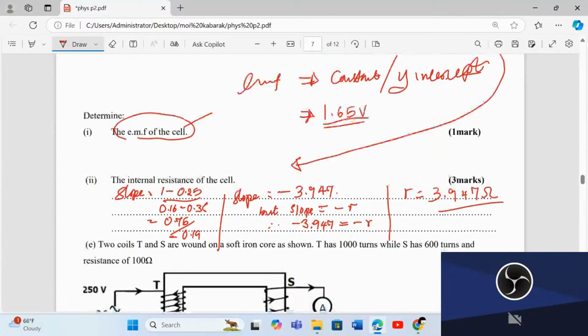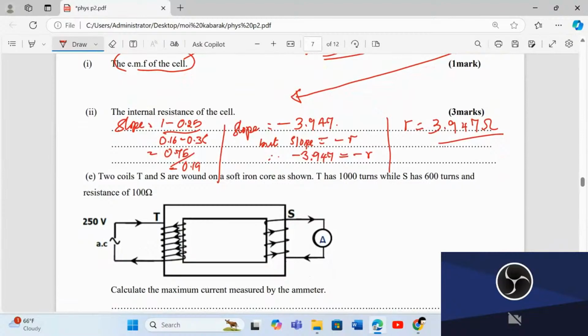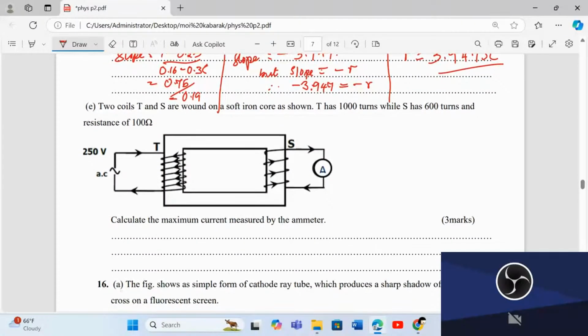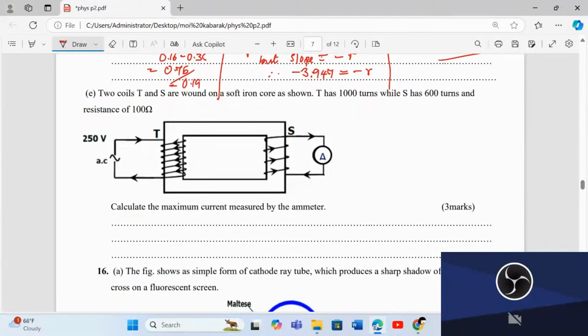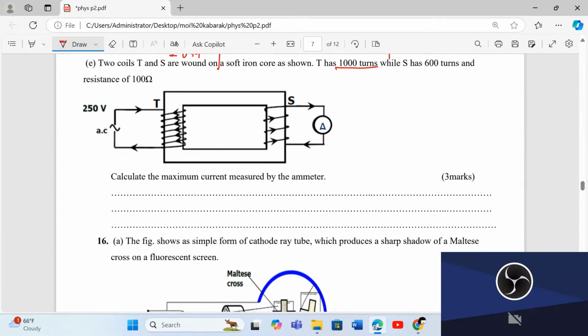Two coils T and S are wound on a soft iron core as shown. T has 1000 turns and S has 600 turns and a resistance of 100 ohms.